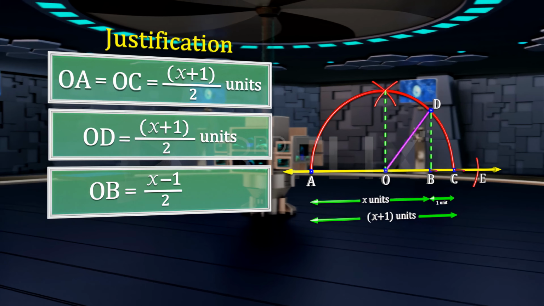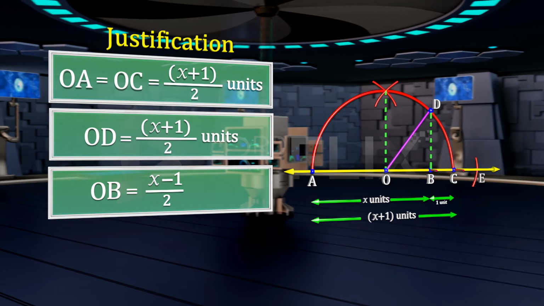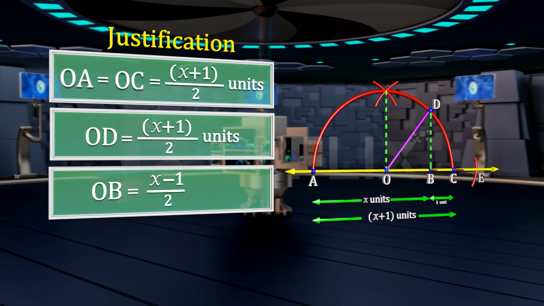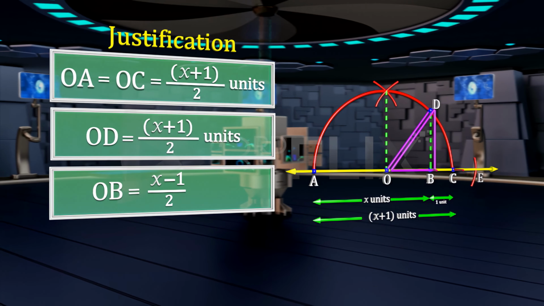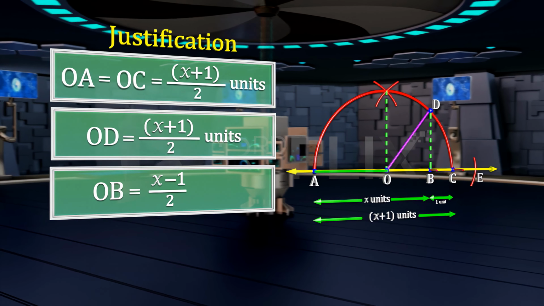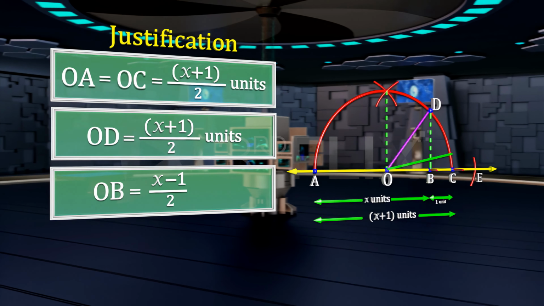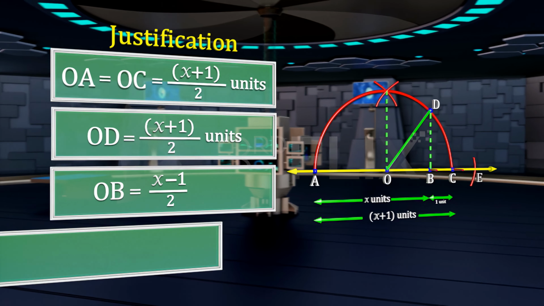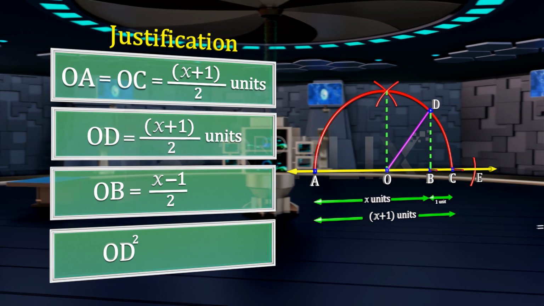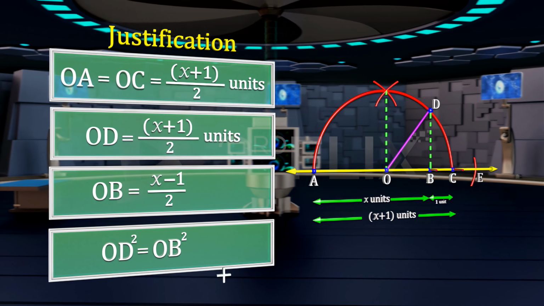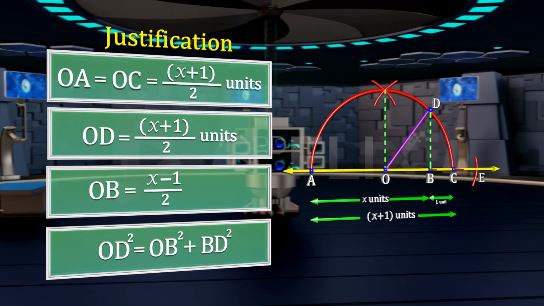1) by 2. Using Pythagoras theorem in triangle OBD, since OA equals OC equals OD, OD square equals OB square plus BD square.